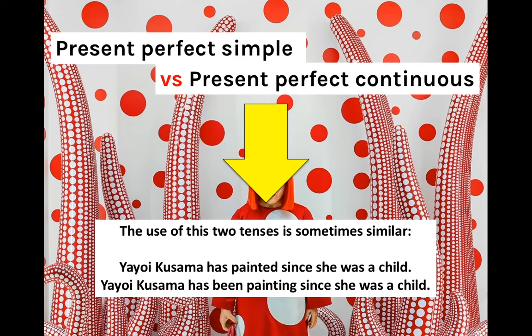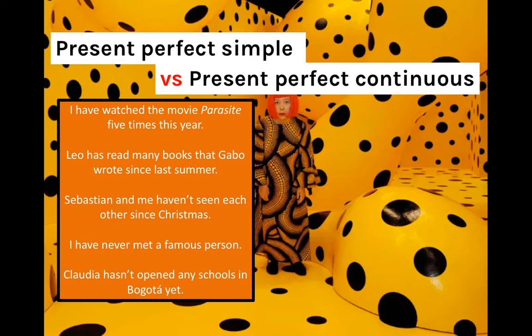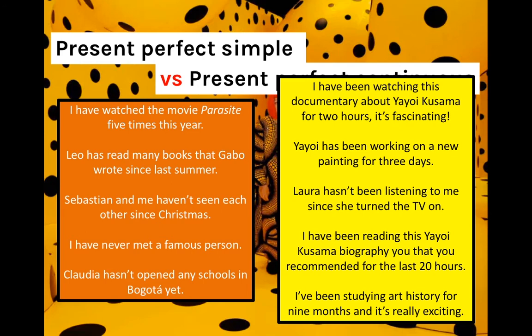Now let's see some examples in which the present perfect simple and the present perfect continuous are different. Present perfect simple. I have watched the movie Parasite 5 times this year. What kind of activity is this?